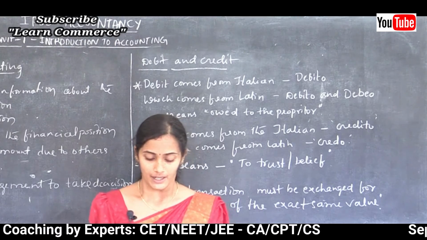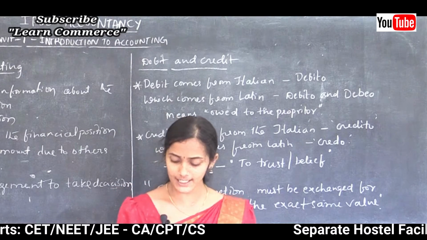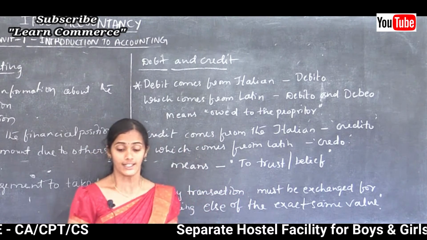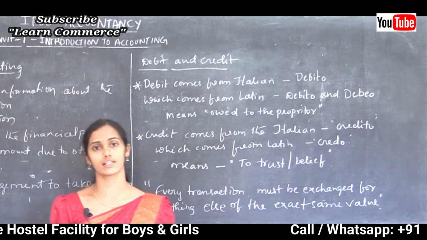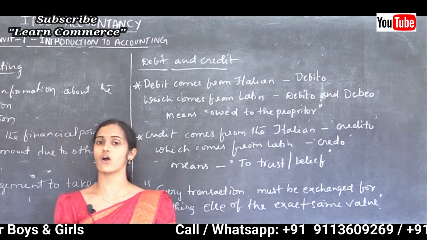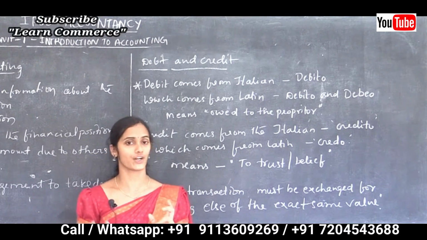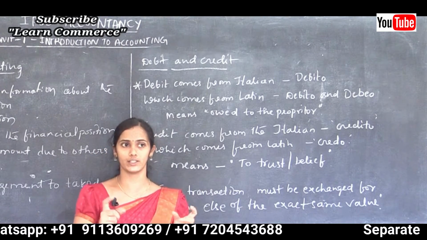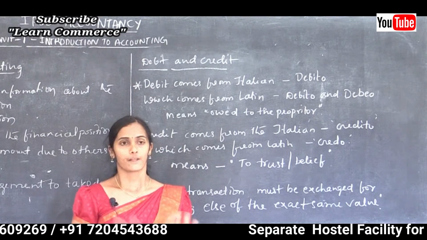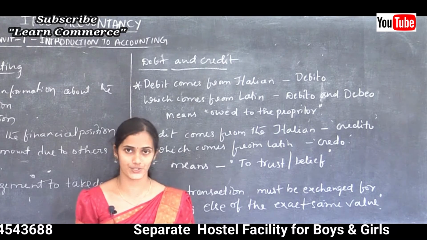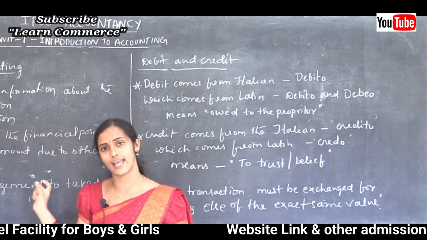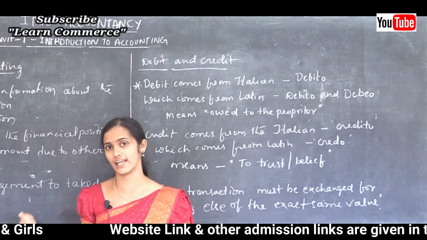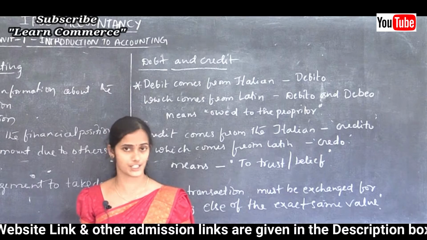In this concept we should know that debit and credit are used by bookkeepers or accountants when recording the transaction. As I already told, if a shopkeeper records his day-to-day activities in a rough manner, can he analyze the exact amount of profit or sale at the end of the period? It is not possible.